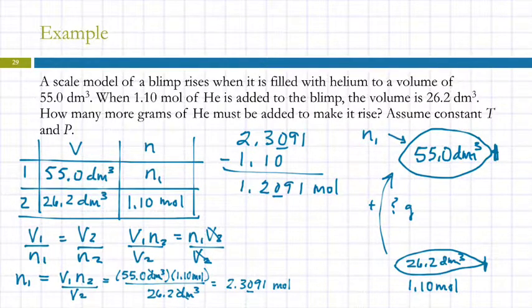I'm going to change to another color because this is going to be confusing in here. 1.2091 moles of helium, and we need to convert to grams. It's the molar mass, something we learned before: 4.003 grams of helium per mole.